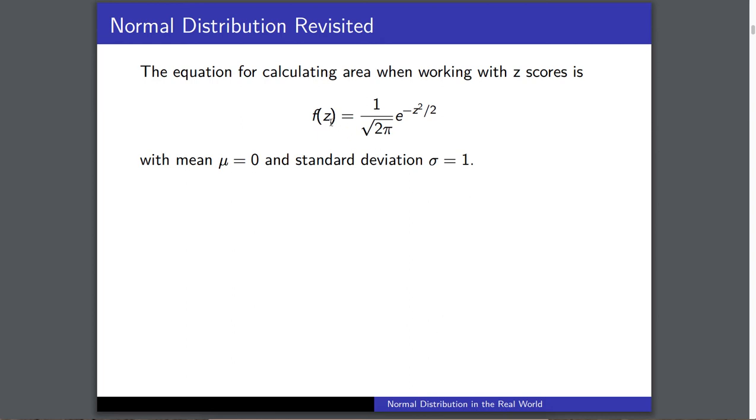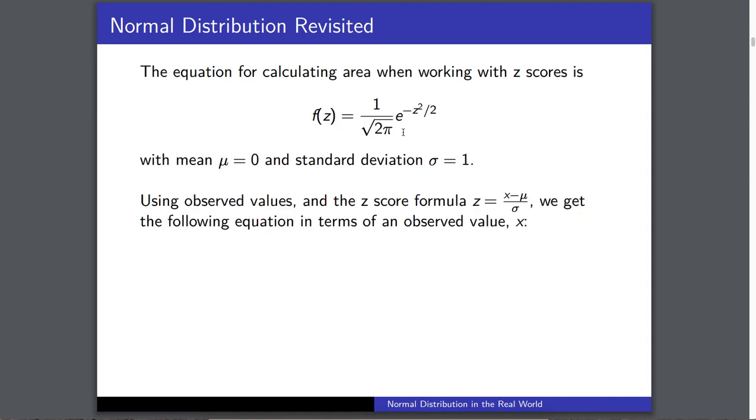And here's your equation. f(z) equals this scary looking equation over here. Again, we didn't really work with this too much. In more advanced statistical courses, you would work with something like this, and in fact you'd work with the one we're going to show you in this video.